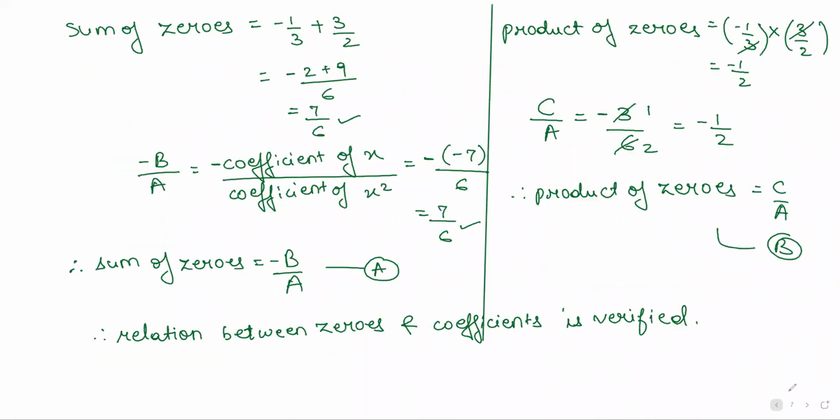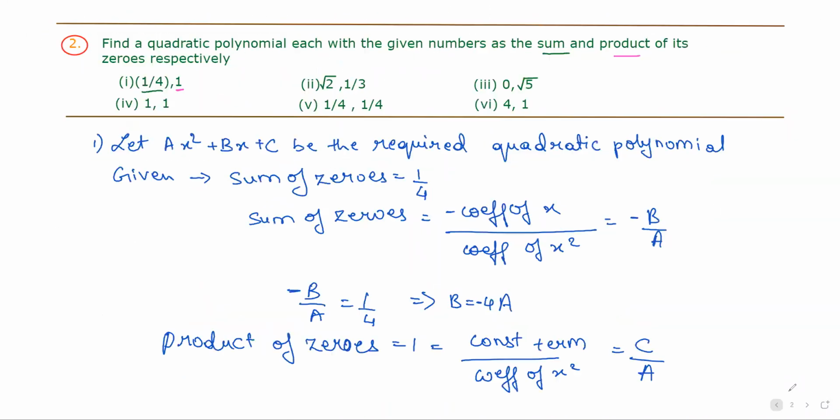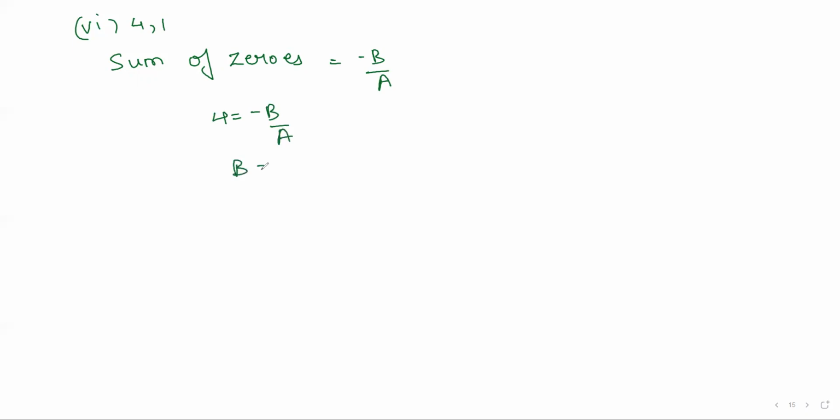Next, 4, 1. Now, sum of zeros is equals to minus b upon a. 4 is equals to minus b upon a. B is equals to minus 4a.